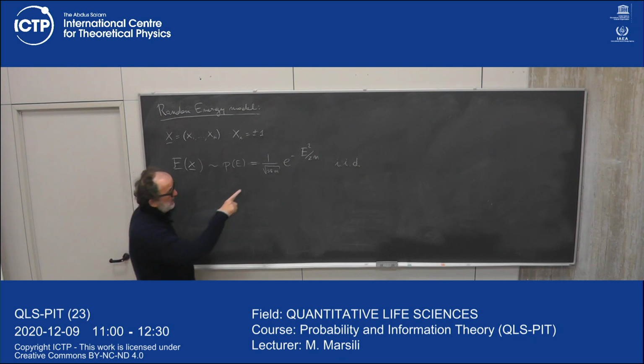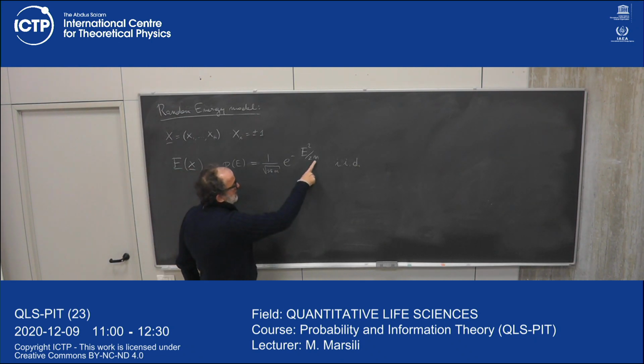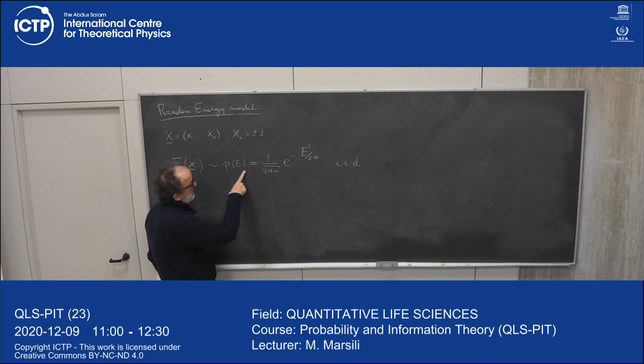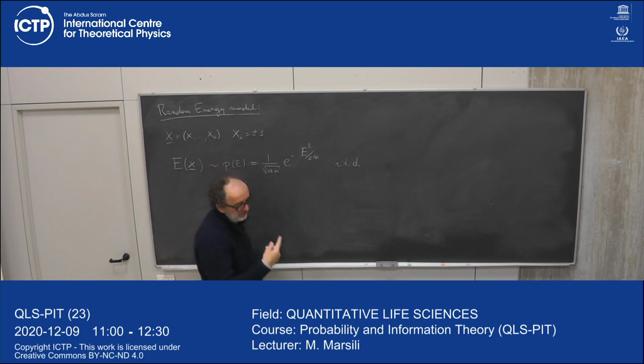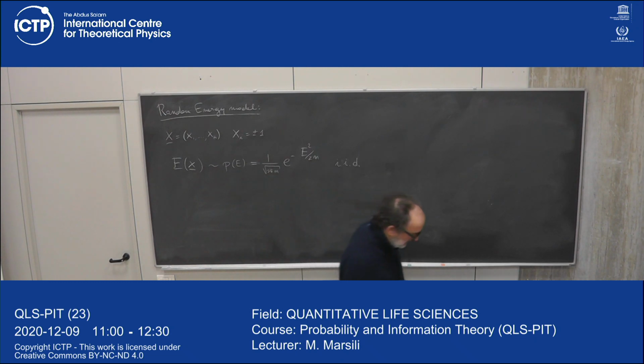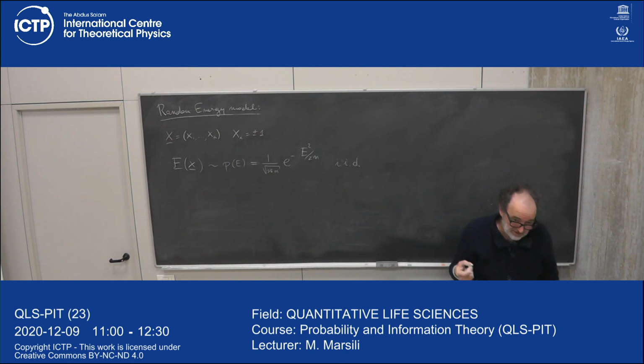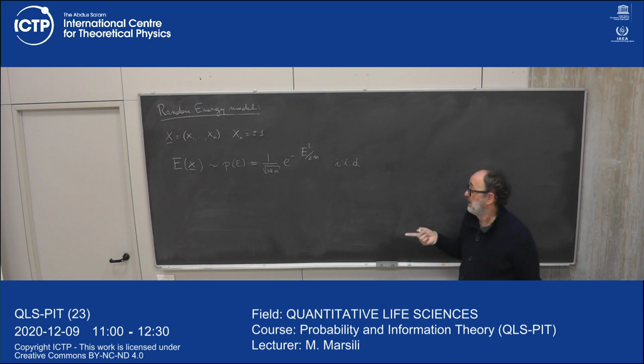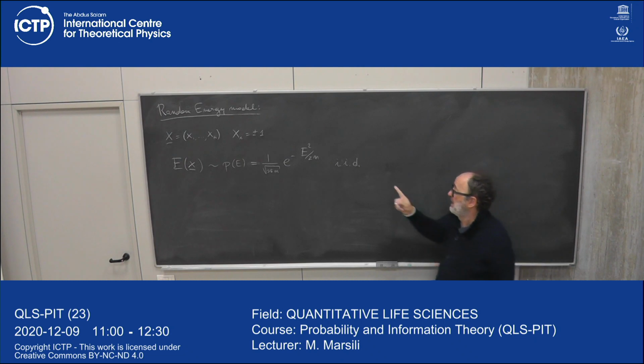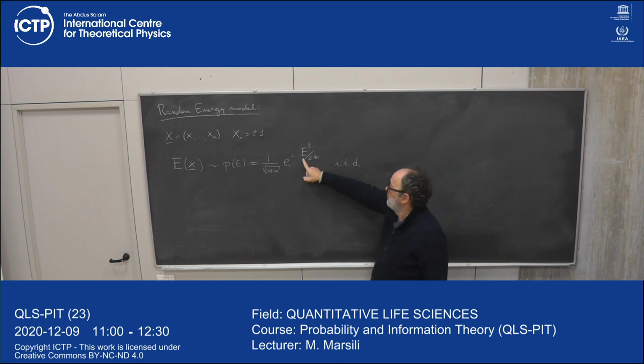So now, why do I choose this variance to be equal to n? Well, because the log of the probability should be the entropy, or minus the entropy, and I want the entropy to be extensive, to be proportional to n, and I also want the energy to be proportional to n.